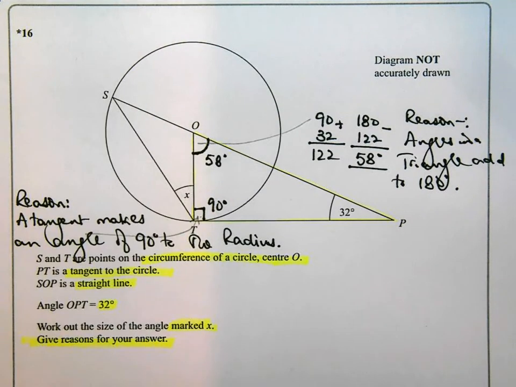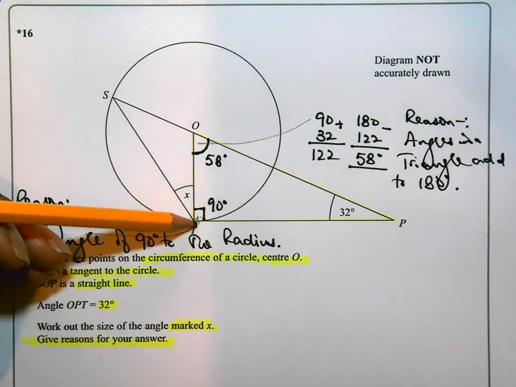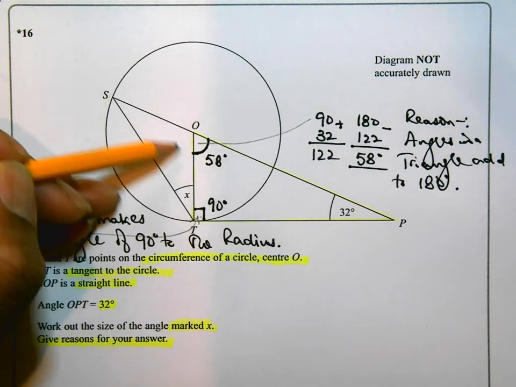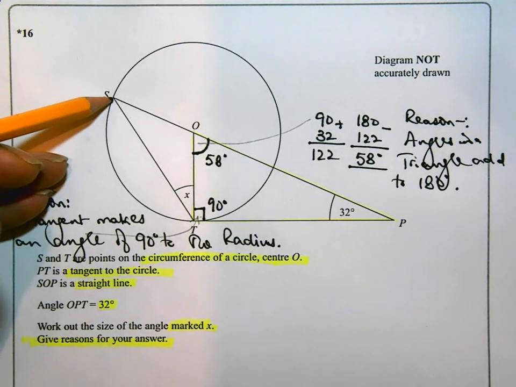Okay, so knowing that this angle here is 58 degrees, I'm going to use a couple of angle facts and some really straightforward facts as well. We talked about the fact that O to T is the radius. However, O to S is also the radius, the distance from the center to the edge of the circle.